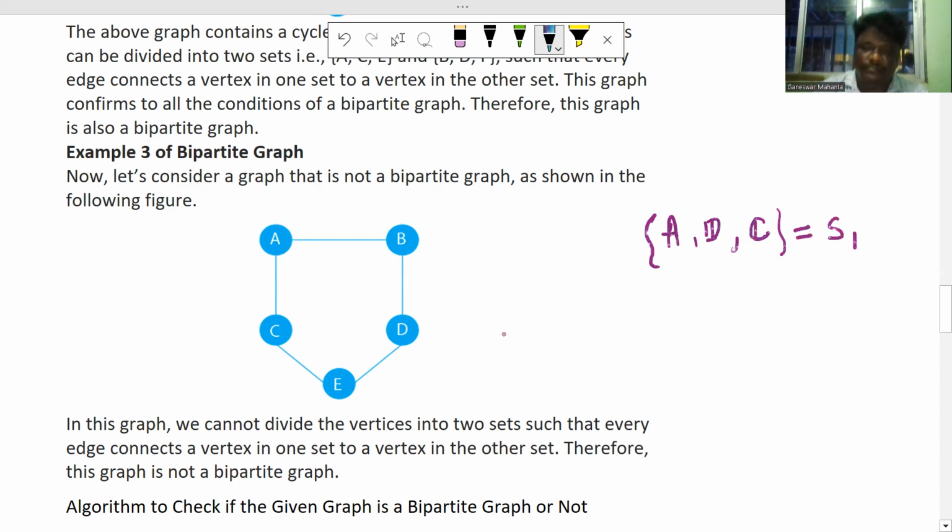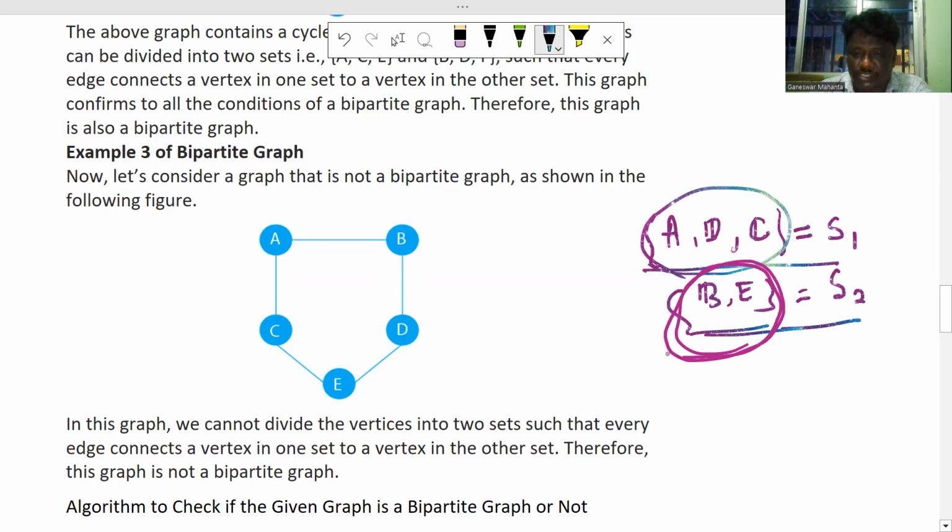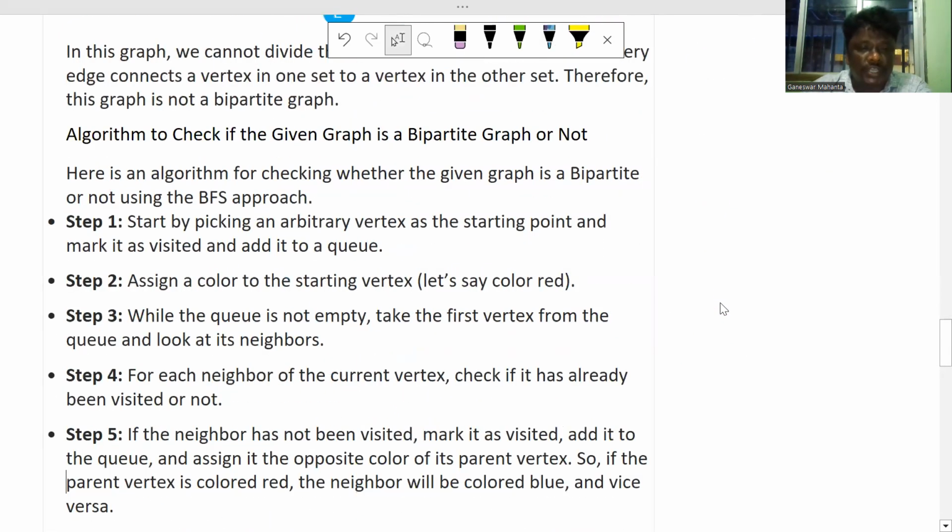Because there is an odd number of vertices, the other set contains B and E. These two sets cannot make the graph bipartite, because one set has 3 vertices and the other has 2 vertices. So we cannot consider this a bipartite graph. This graph is not bipartite. Now some steps, some algorithms of the bipartite graph, we can discuss here.